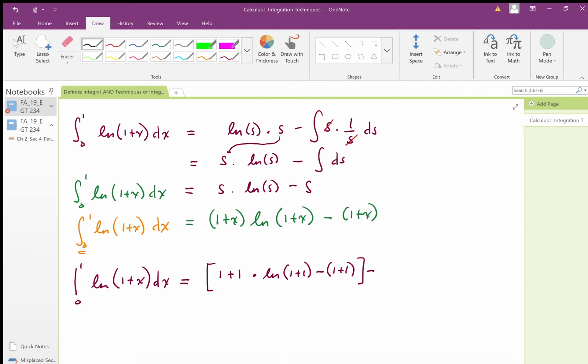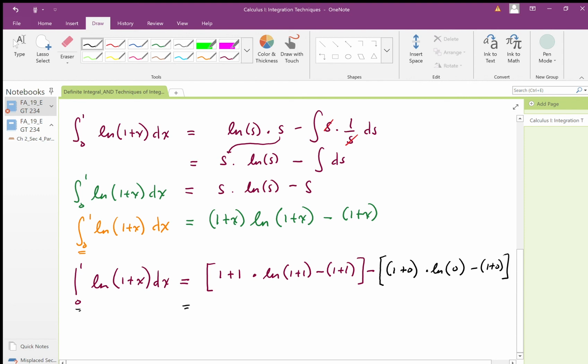Minus, just going to do this zero part. That's going to be 1 plus 0 times the natural log of 0, minus 1 plus 0.